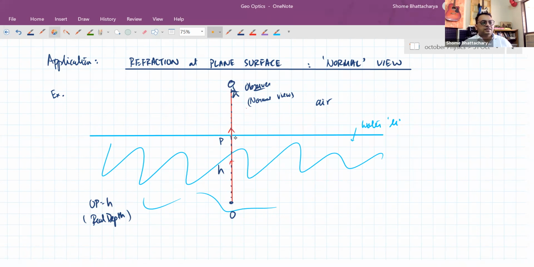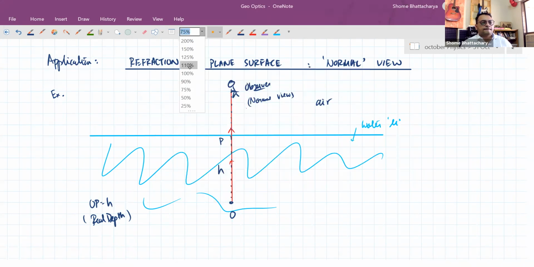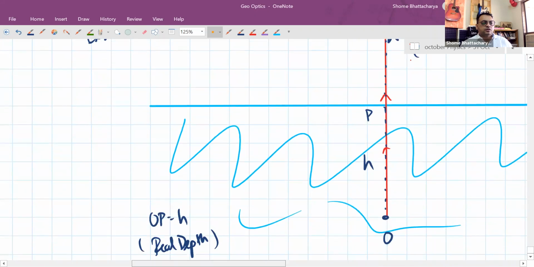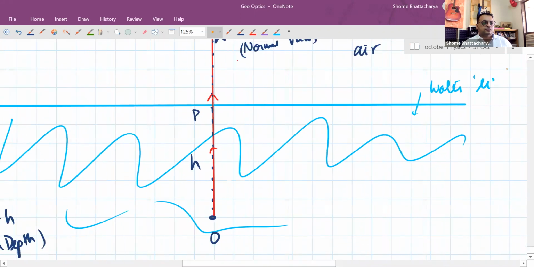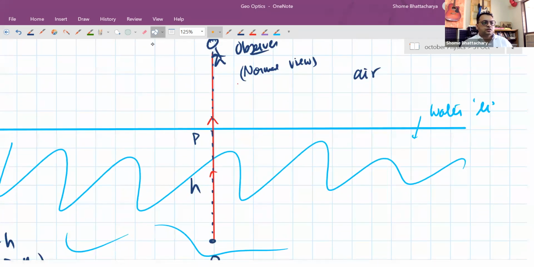While it's a little challenging to draw in the diagram, you can understand it conceptually. So again, it's that case of nearly paraxial ray kind of thing. So let's consider a ray like this.